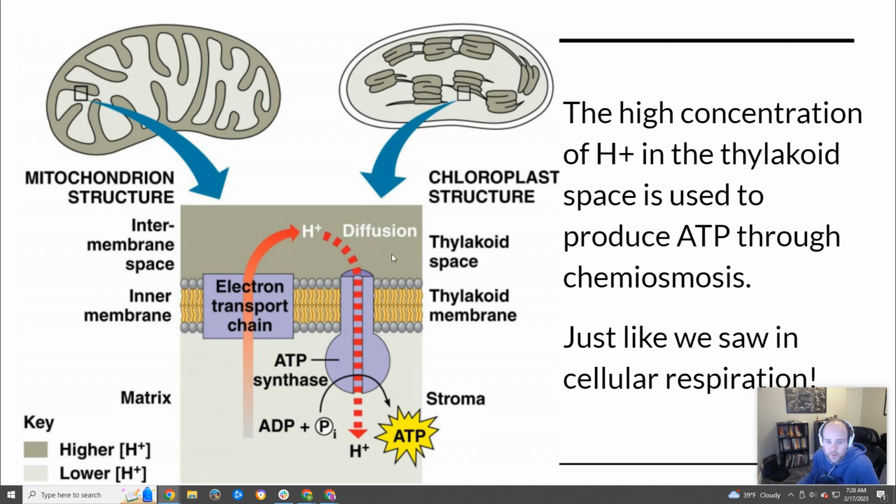When inside of chloroplasts, it's moving across into the thylakoid space inside the thylakoid. Then those are going to fall out of ATP synthase and generate ATP. Exact same process. You don't have to learn anything new. Just know it's now in a chloroplast instead of a mitochondria.